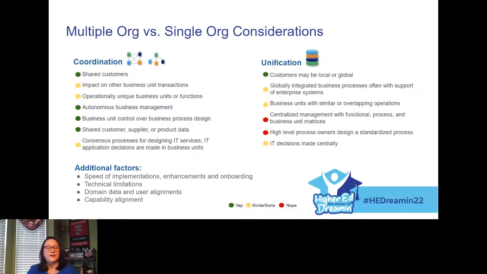We'd also like to have some expanded technical limitations, because if you have a single org, you're within just those technical limitations, whereas if you have multiple orgs, you basically are multiplying your limitations by that many in a good way. Domain data and user alignment. We don't need the student data for external relations, for example.